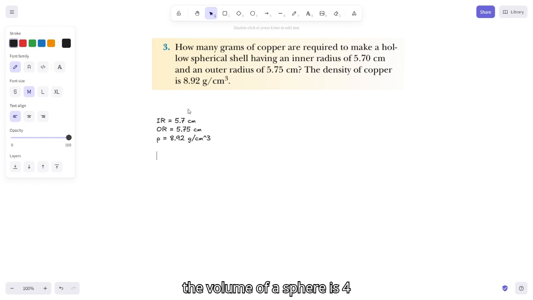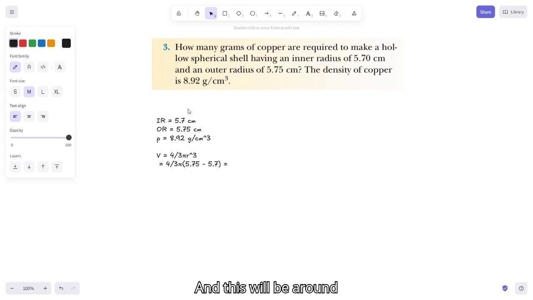The volume of a sphere is 4 over 3 pi r cubed. And the volume of our hollow spherical shell is simply 4 over 3 pi times the radius of the outer shell cubed minus the radius of the inner shell cubed.